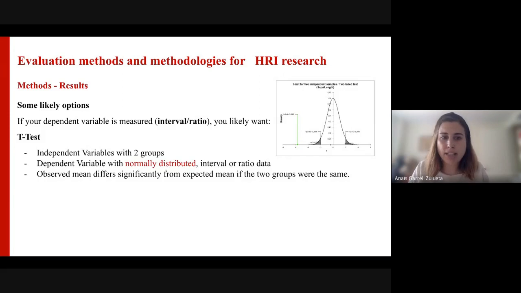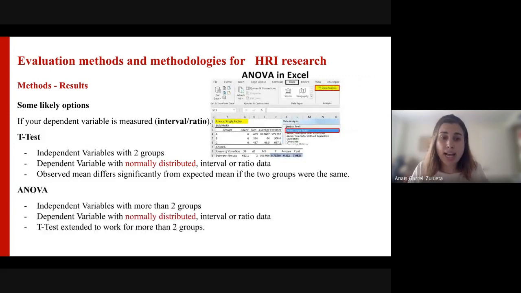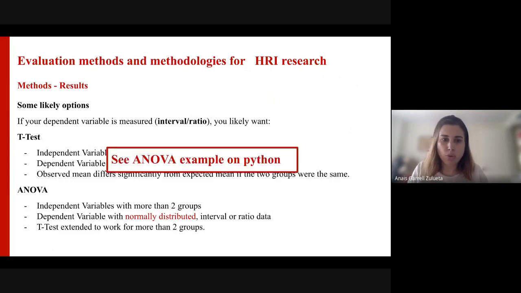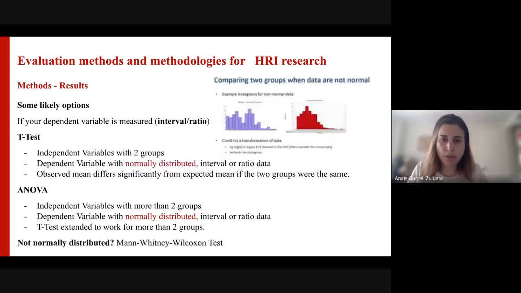Okay. But here you have independent variables with two groups, and the dependent variable has to be normally distributed. Okay. If it's not normally distributed, you cannot use the t-test. Okay. And ANOVA is a particular example where you have more than two groups. Okay. Here in the t-test you have just two groups, and with the ANOVA you have more than two groups. So I will share with you this Python code.